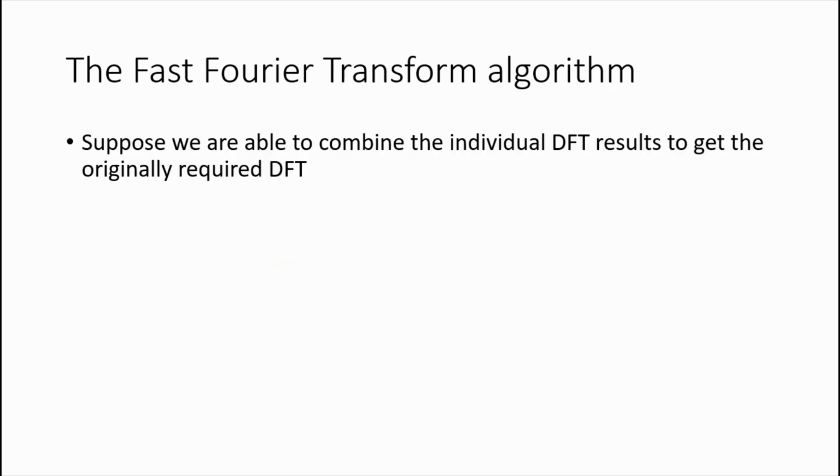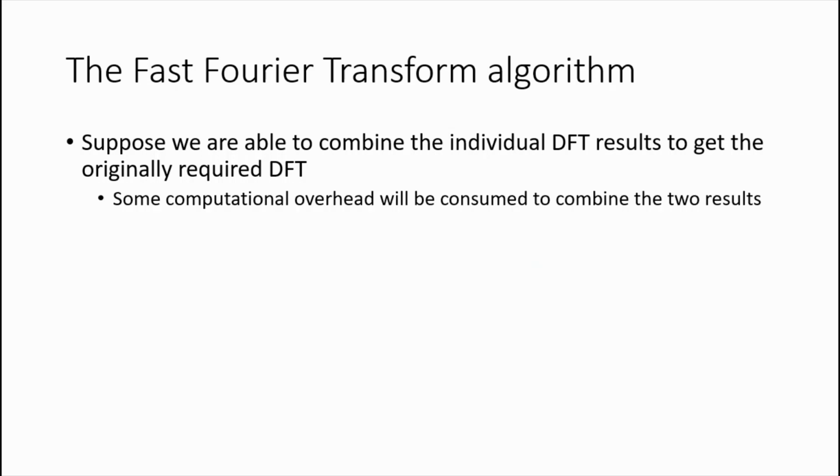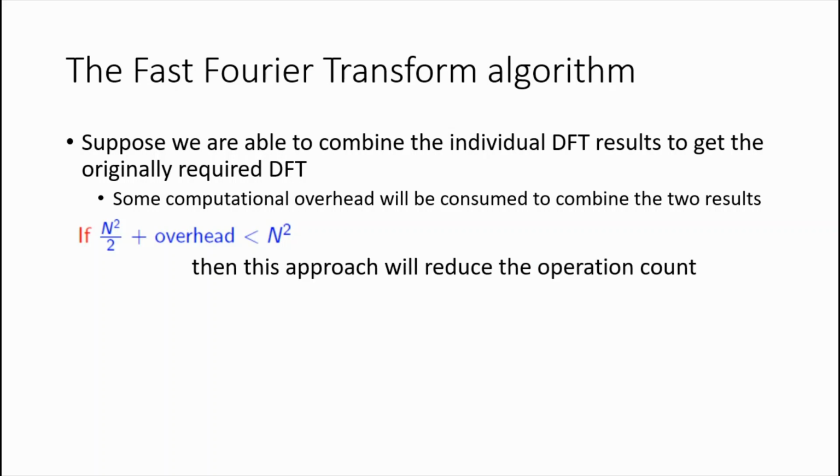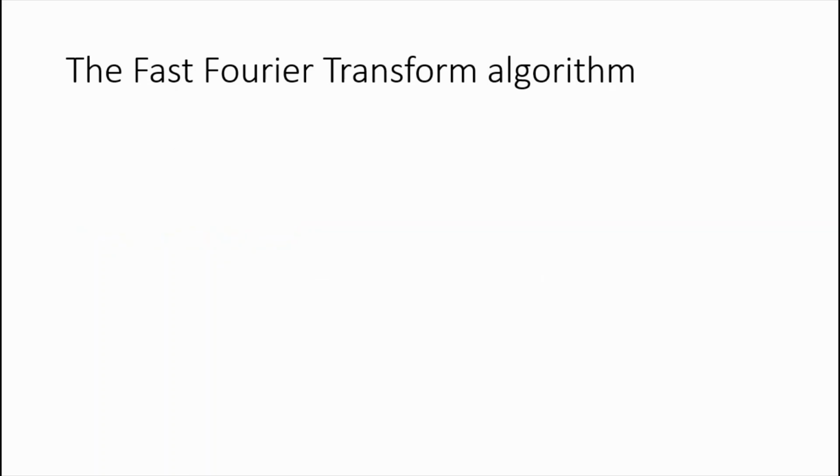Suppose we are able to combine the individual DFT results to get the originally required DFT. Some computation overhead will be consumed to combine the two results. If N square by 2 plus overhead is less than N square, then this approach will reduce the operation count. Let N equal to 8.